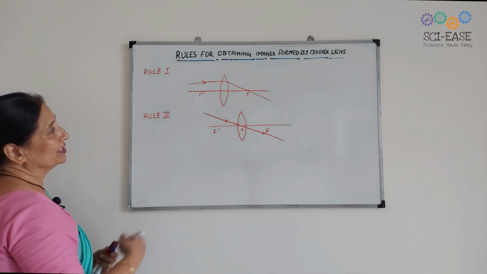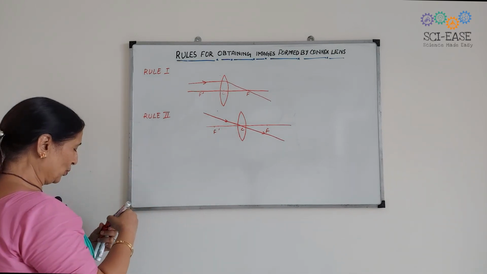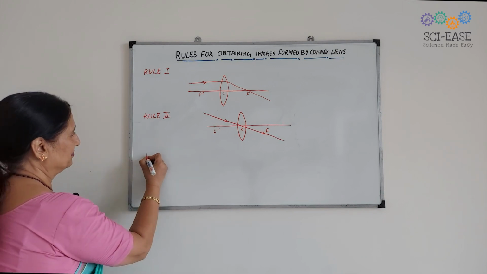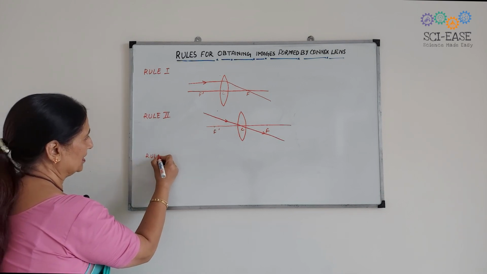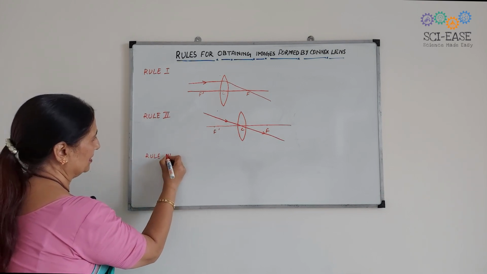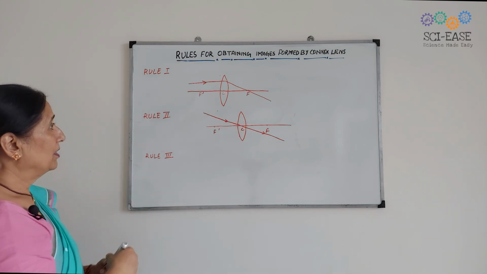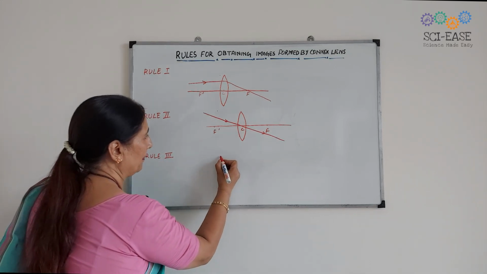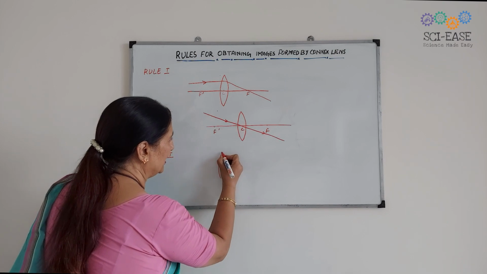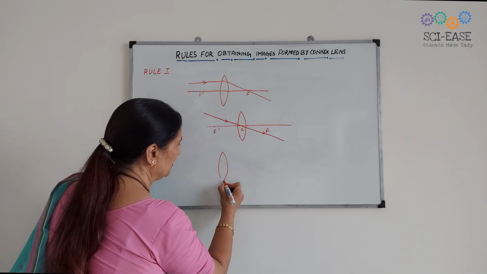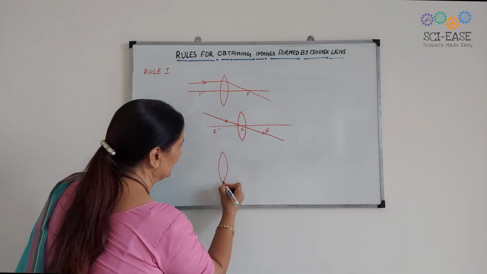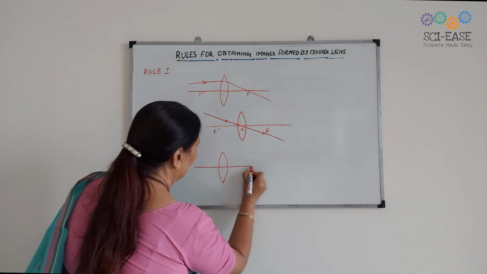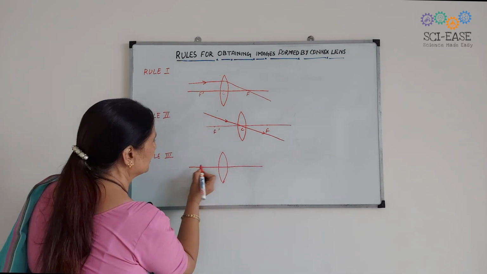Now what about the third rule? Draw again the convex lens and the principal axis.